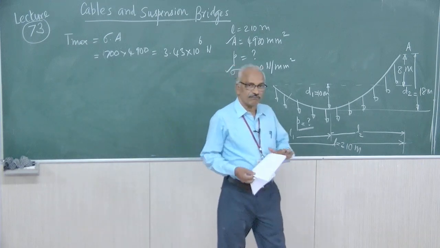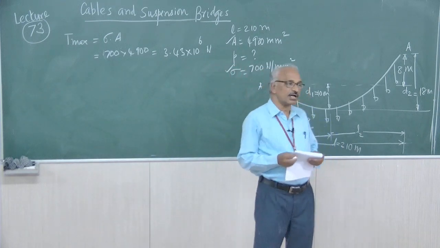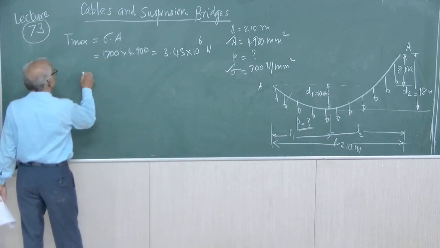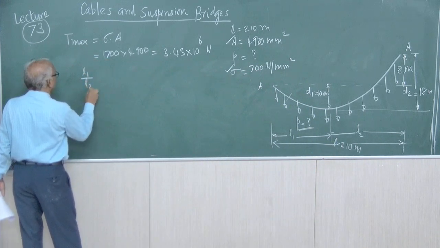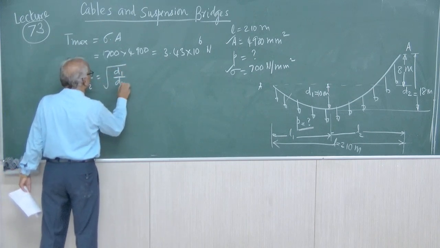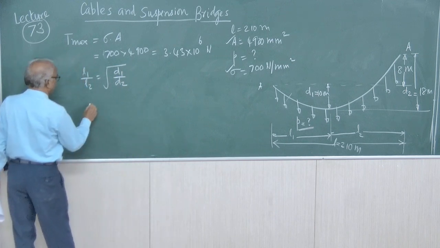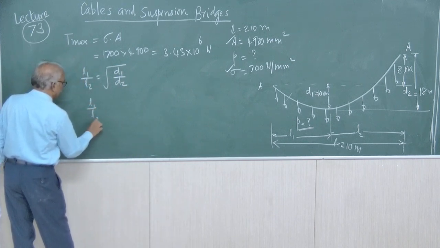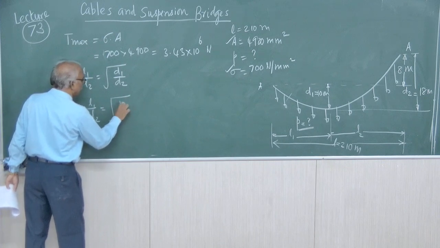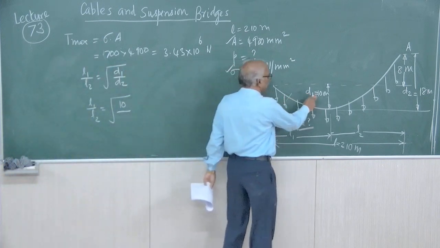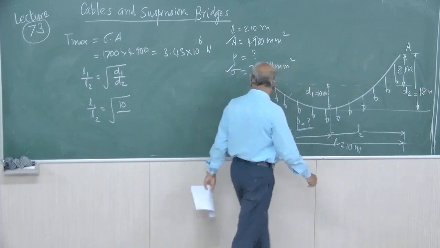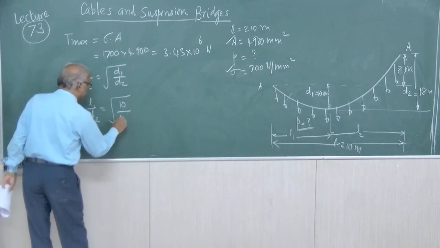Now we have to find the value of L1 and L2. We know L1 by L2 equals root of D1 by D2. D1 is 10 meters, D2 is 10 plus 8 equals 18 meters.